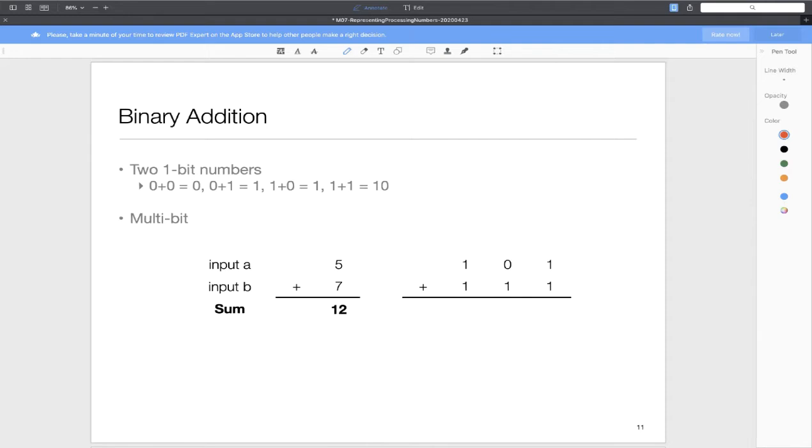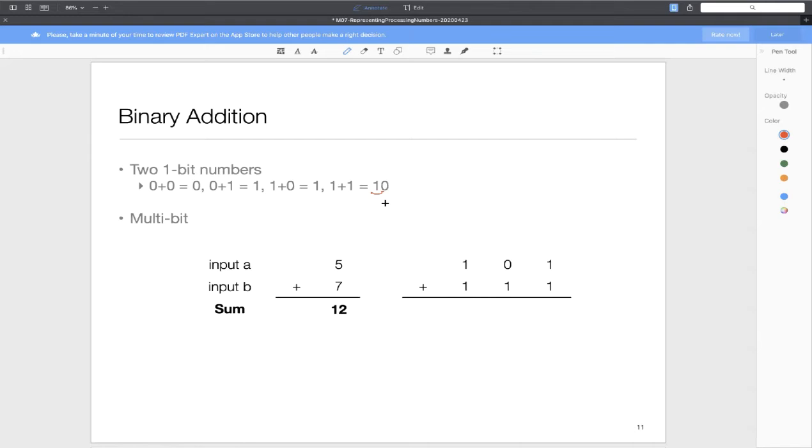So 0 plus 0 is 0, 0 plus 1 is 1, 1 plus 0 is 1, 1 plus 1 is the number with value 2, so I need 2 bits, so it becomes 1, 0. In this case, this little one, again by analogy with our elementary school arithmetic, is the carry out.